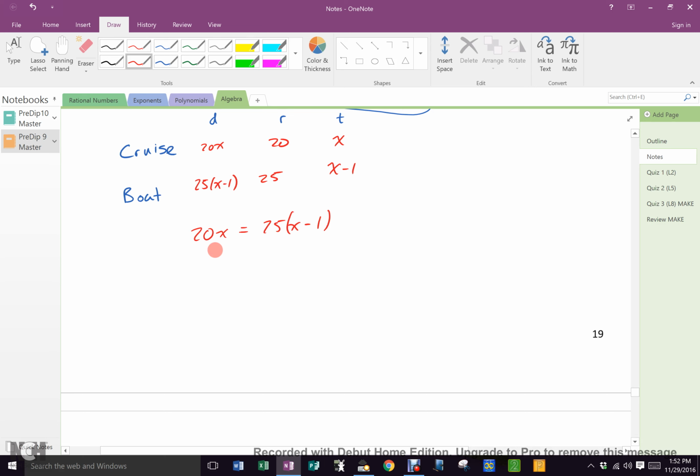Now I solve it. 20x equals 25x minus 25, right? Minus 5x equals minus 25. x equals 5. So about how long, after how long did the private boat overtake the cruise ship?